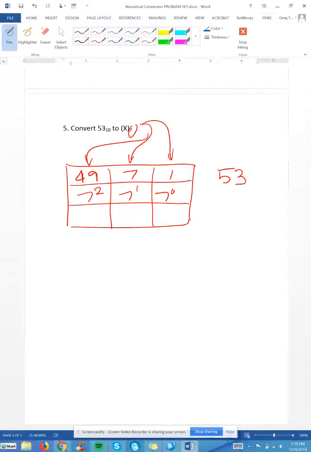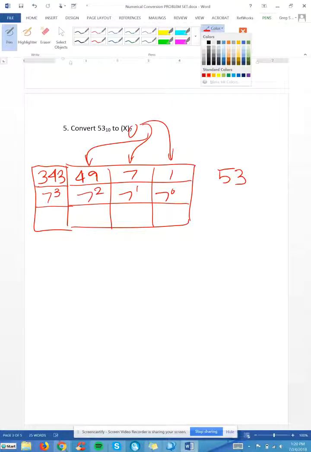I mentioned before we may not need that extra column, but we do. What I'm going to do is put an extra column at the end of the chart so you can see what I'm referring to, and that would be 7 to the 3rd power. And 7 to the 3rd power is 343. Okay, so we can start with that.